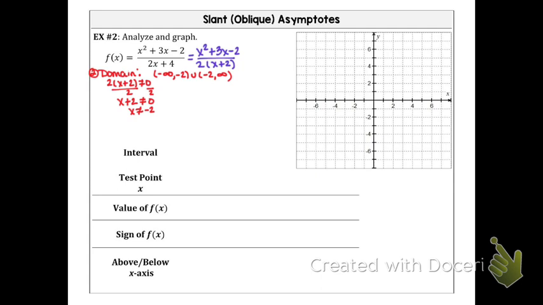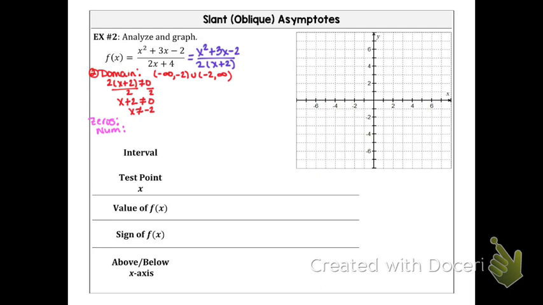All right, step 3. Now before I do step 3, this is where I'm going to do those zeros. So my zeros of the numerator, ooh, I can't factor, right? So I'm going to end up having to do the quadratic formula for it. So it can't factor.